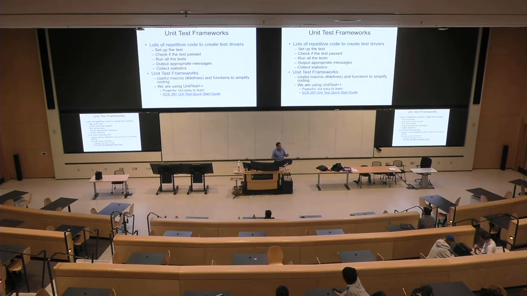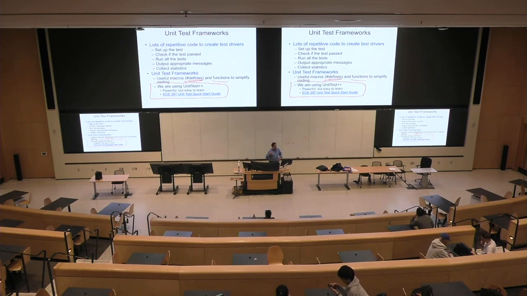But because it tends to be kind of similar in different programs, there are things called unit test frameworks, which kind of make this less tedious. So what are they? They're macros, which is this #define, functions, classes, so basically constructs in C++ that have been pre-written to simplify coding. We're using a particular unit test framework called Unit Test++.